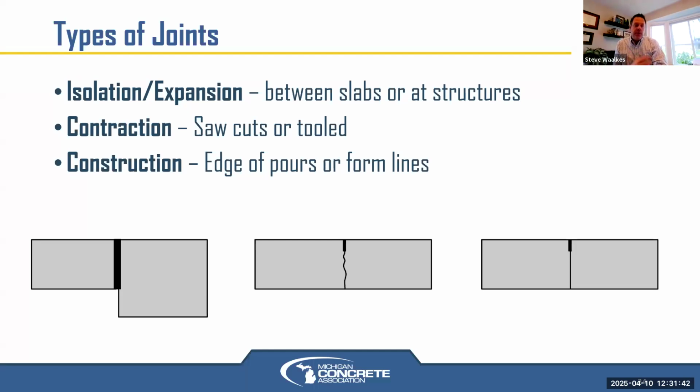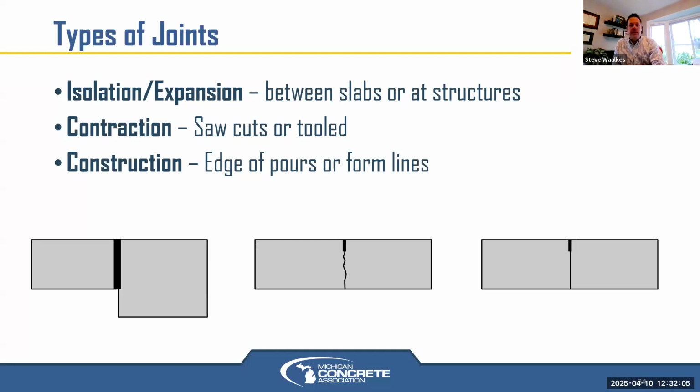So I like to tell people concrete is going to crack, and the joints are just straight cracks that we planned for at that location. And a crack is also a joint. It's just an unplanned joint location, which is a little bit objectionable to a lot of owners. So that's why we want to make sure that we plan the locations properly.